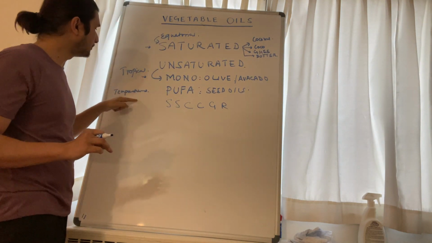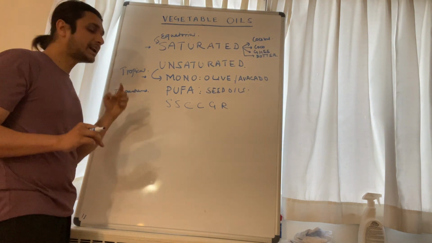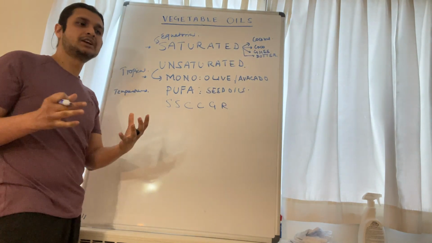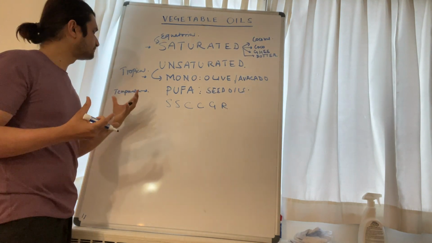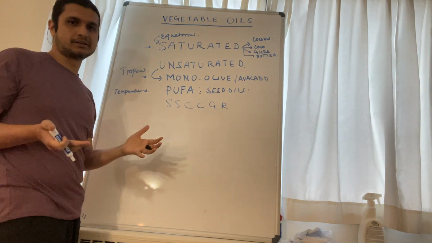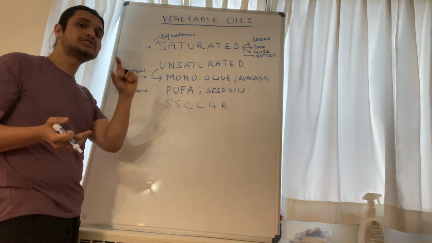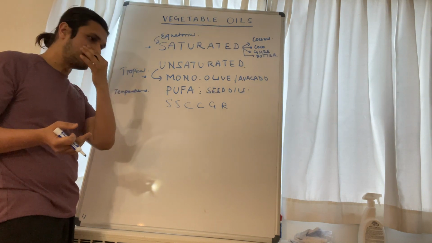However, in the temperate areas, the unsaturated fatty acids are naturally liquid even in cold surroundings. That's why the vegetable oils you have at home, sunflower oil, safflower oil, any of those oils, are naturally liquid even in the winters. Whereas the saturated fats will turn solid in the cold.